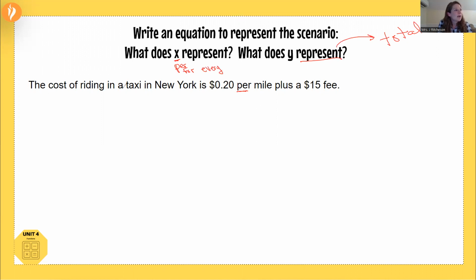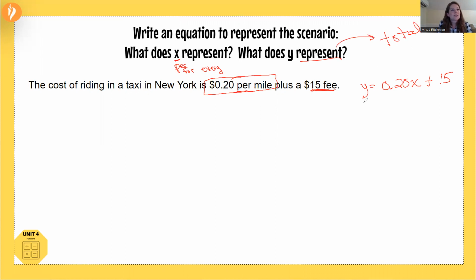All right, the cost of riding in a taxi in New York City is 20 cents per mile. So we're going to multiply 20 cents times the number of miles, plus anytime you have a fee or anything else, that goes at the end. When x is 0, that's going to be your y value. So the total you're going to pay for your taxi, y is total.